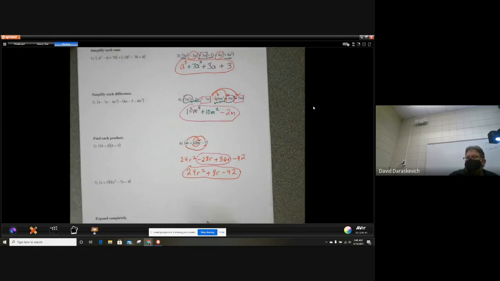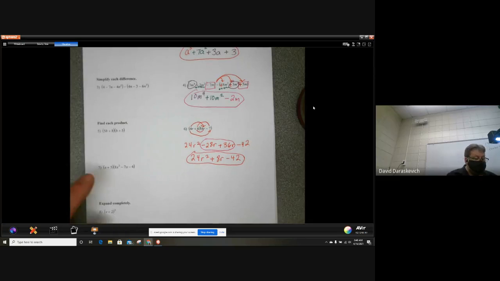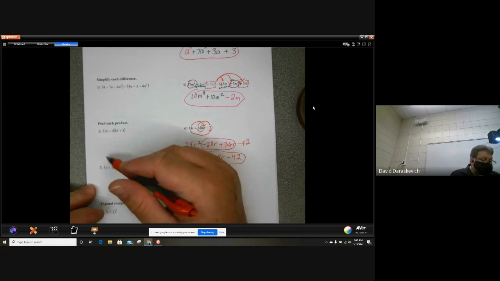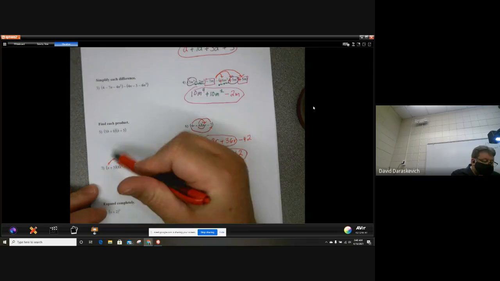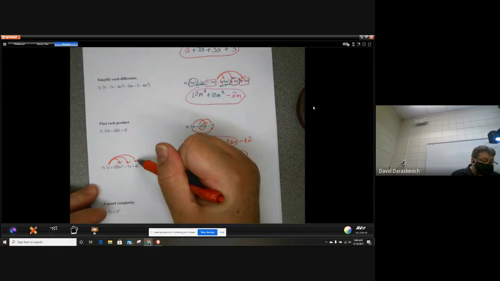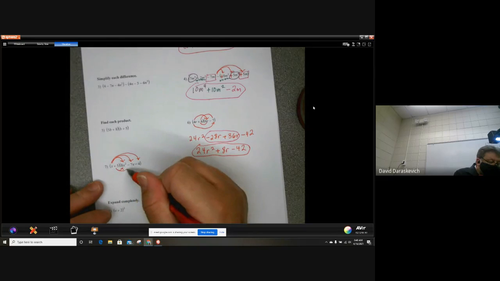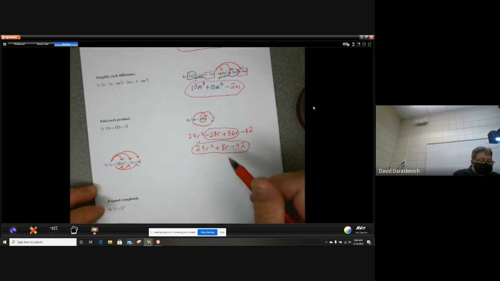Now, FOIL is okay. And like I said, most of you are probably going to use that. But when we get into a trinomial times a binomial, you can distribute, and in the next higher classes, like pre-calc and maybe trig, advanced algebra, they're going to make you distribute each one of those, and you get a huge thing, and then you combine like terms.